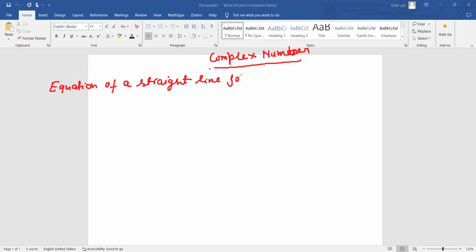Joining 2 points Z1 and Z2 in the complex plane.